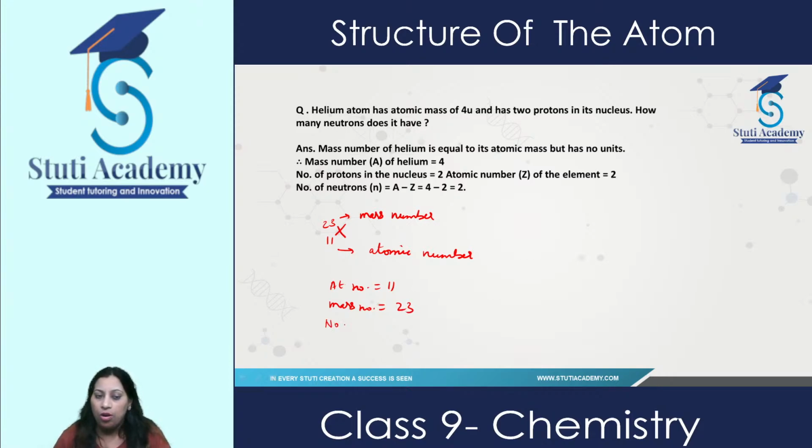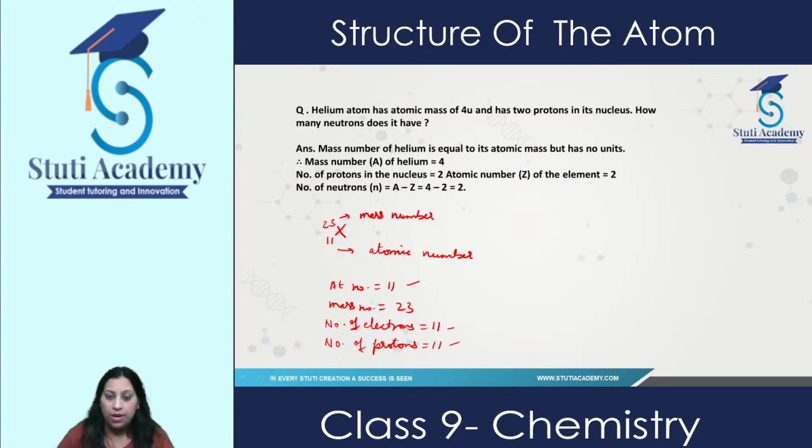Number of electrons is 11, because atomic number and number of electrons, they both are equivalent. Again, number of protons, that is also 11, because this one and this one, they all are equal.